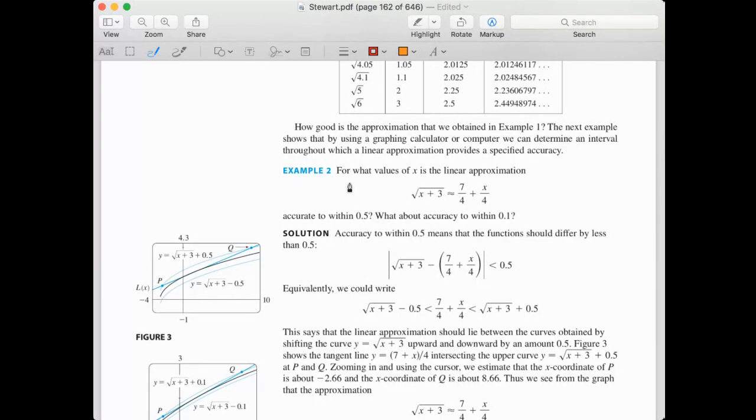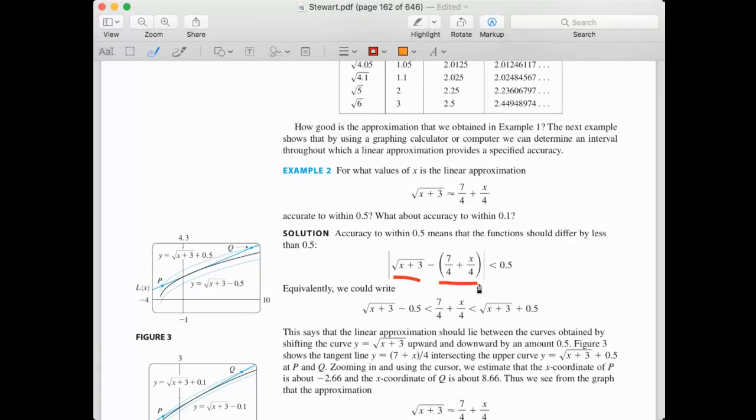Okay, so this question is saying, for what values of x is the linear approximation accurate to within 0.5? Or maybe we think 0.1. So we're just trying to find the difference between f of x and L of x. Try to remember, this is our f of x.